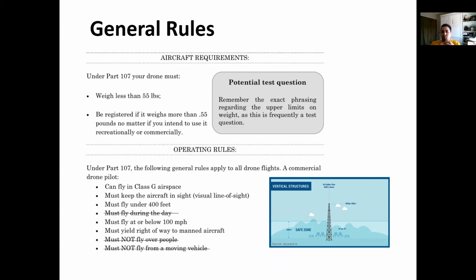However, any drone that is going to be used for commercial or recreation, no matter what it is, if it is more than 0.55 pounds, it must be registered through the FAA on this thing called FAA Drone Zone, which we will describe much more as we go through this. There's a $5 fee.